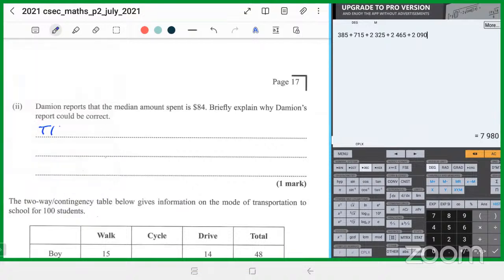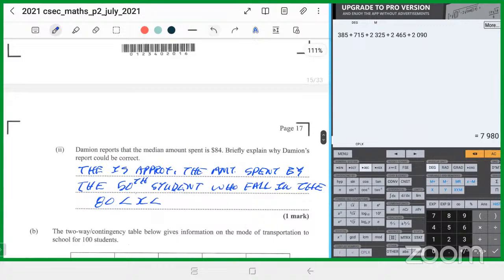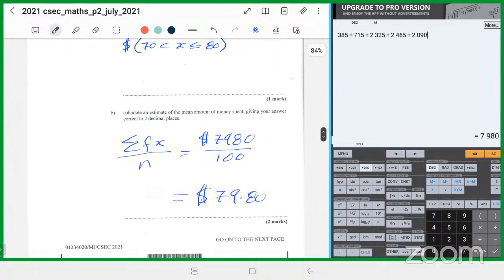So when I say the median is approximately the amount spent by the 50th student who falls in the 80 to 90 class interval.